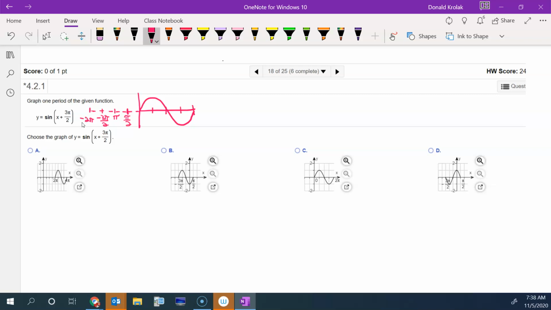Okay, so we're looking for a graph where it moved. That's your value of C. And that's the same as 3 pi over 2 to the left. All right, and Corbin, which one would that be?